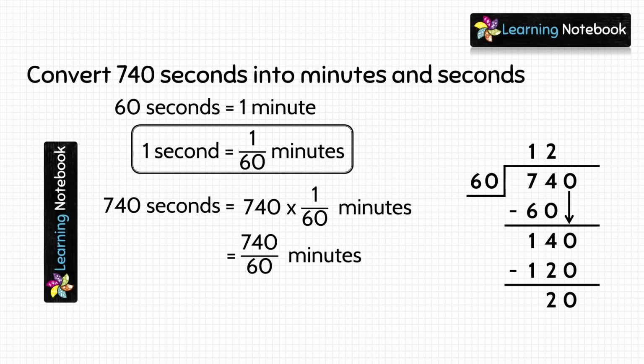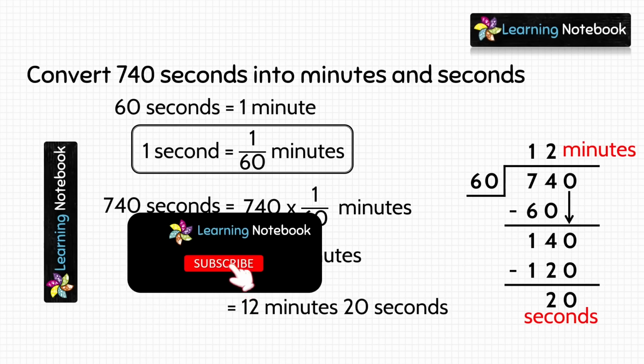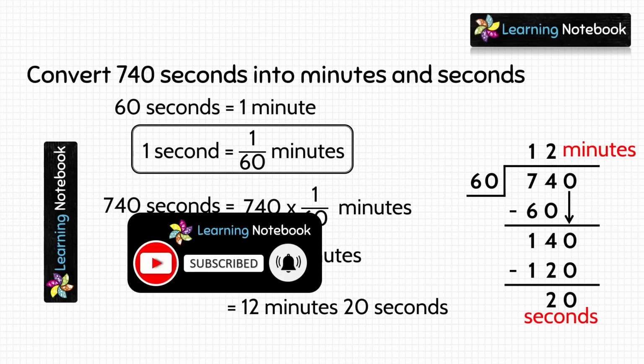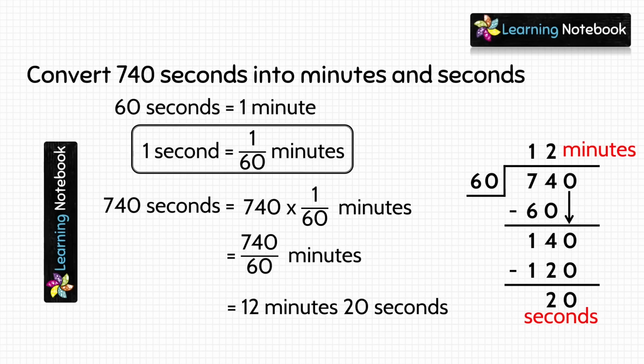So here 12, which is the quotient, denotes minutes and 20, which is the remainder, denotes seconds. So the answer is 12 minutes 20 seconds. So this is how we can convert seconds into minutes and seconds. So now students, I am sure you have learned the conversion of time units.